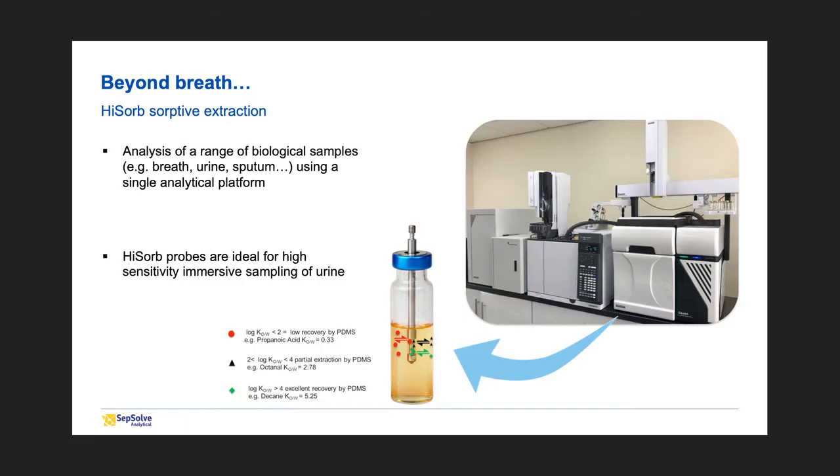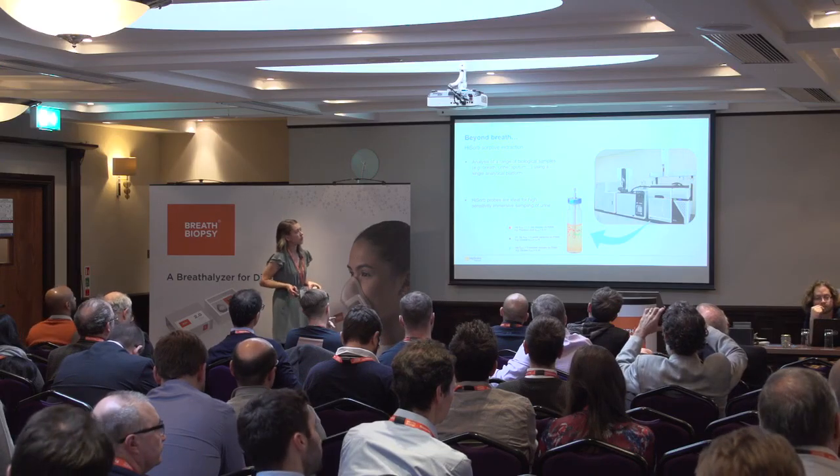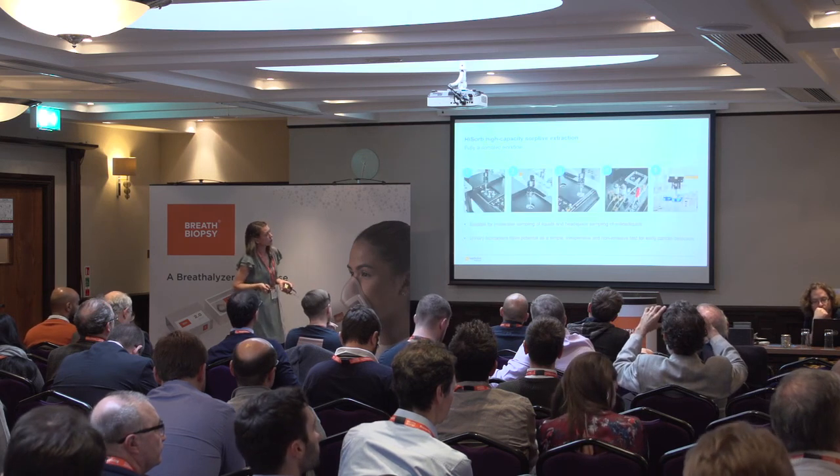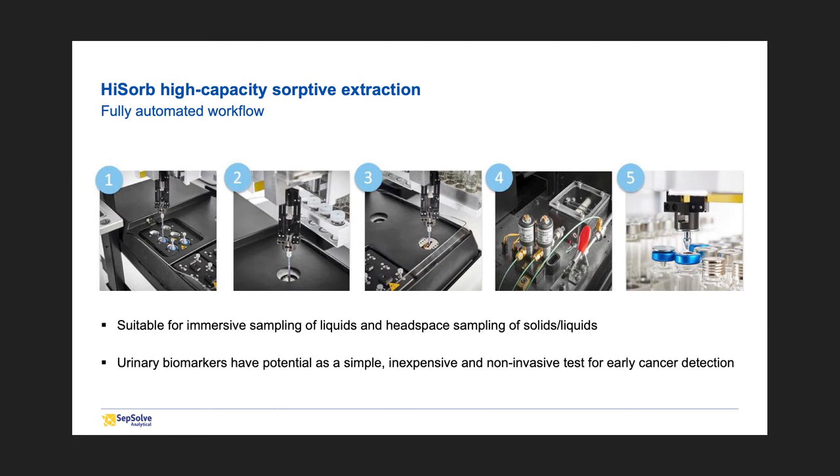Then finally, we have the HiSorb sorptive extraction. So you can see the probes are very robust, not like SPME fibers that are prone to snapping very easily. And you can perform headspace of the sample as well as immersive extraction. So I just want to take a look at the workflow here because the sorptive extraction until now hasn't been fully automated. But within the Sentry, the robotic arm will take the probe to the vial to allow for agitation and heating while the sampling is done.